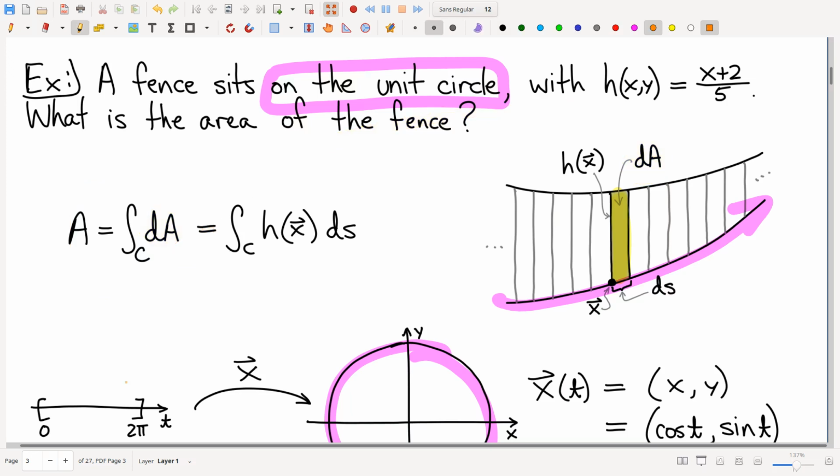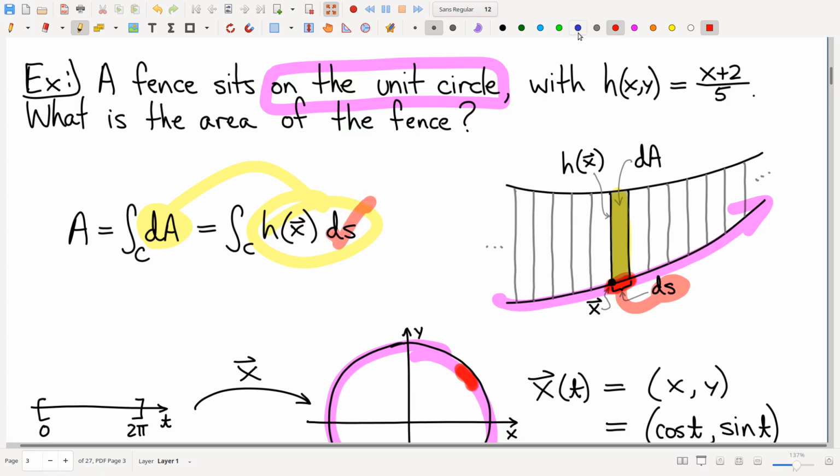Okay, what can we say about that area? Area is conveniently height times width. Now, the width here is just ds. It represents the length, moving along a little piece of our domain, a little piece ds, which you see there.